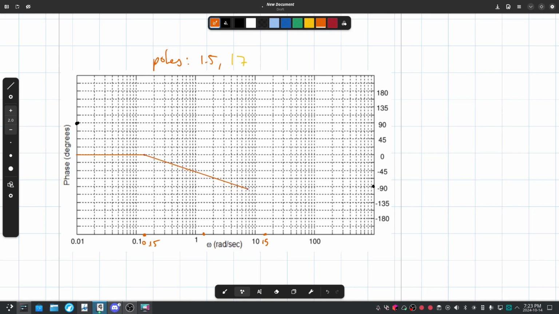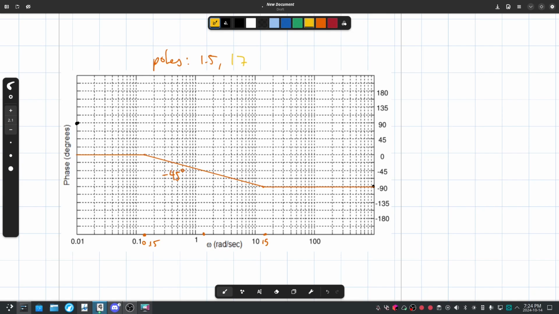So that's going to go all the way down to negative 90 until you reach 15. Afterwards, it flatlines. So you can probably see the behavior here. So it starts at 0, it hits the lower bound, it starts decreasing at negative 45 degrees per decade. And then once it hits the upper bound, it goes back to not changing at all.